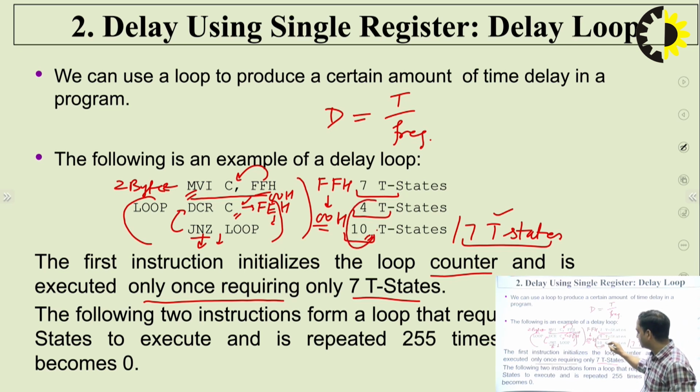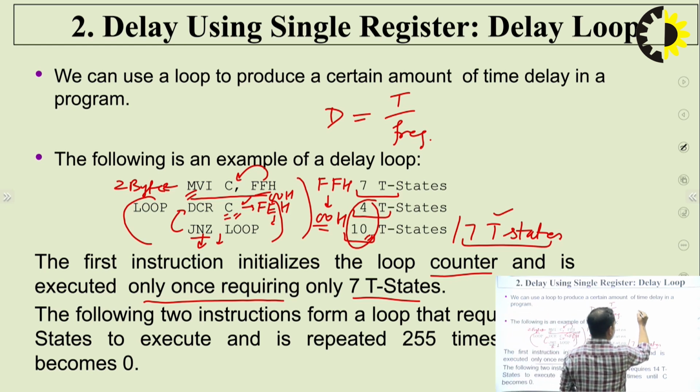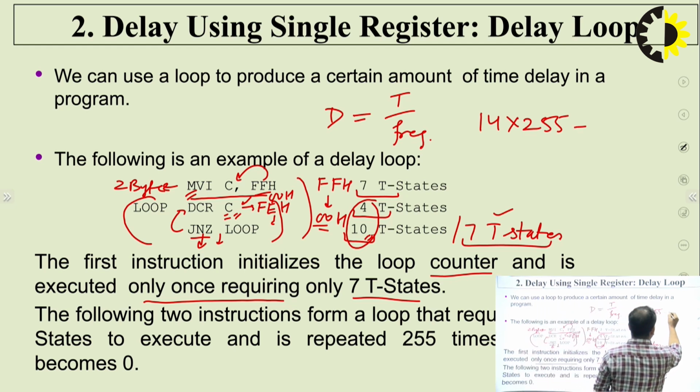The 14 T states are required to execute it one time. Finally, because the C value is FF, which is 255, it will be 14 into 255. This is the case when we consider the true conditions. But as we said, in the last cycle it requires only 7 T states, so in that case we need to subtract 3.